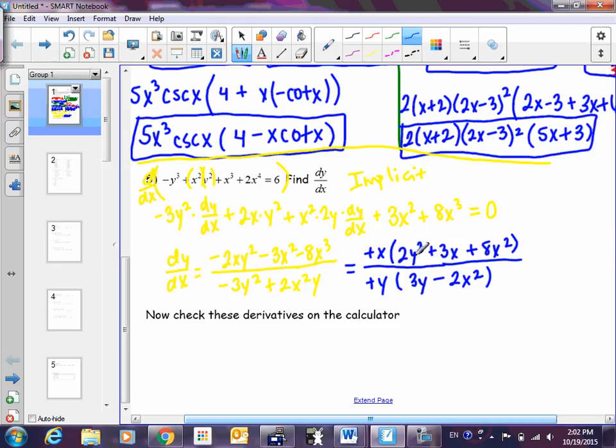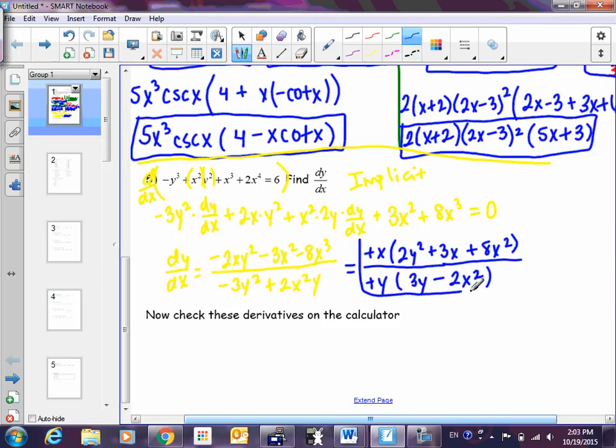You cannot cancel anything in the parentheses on the top with something in the parentheses on the bottom unless the whole thing was the same. You can't cancel off these 3's or these y's, nothing like that. If the thing in parentheses could be factored further, you would want to try that, but with the mixing of x's and y's, that's very unlikely to happen.